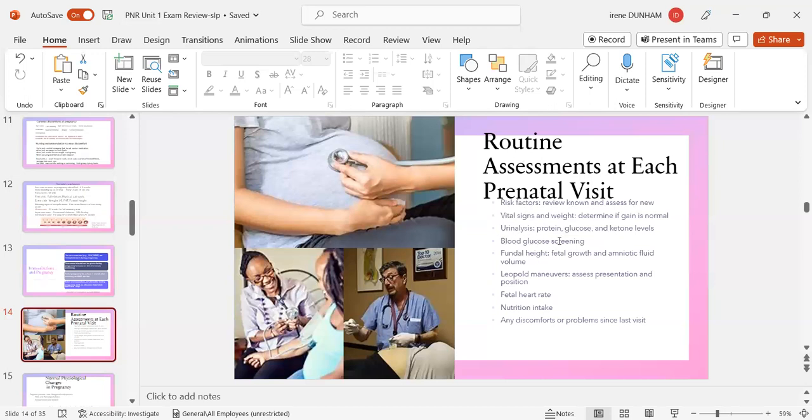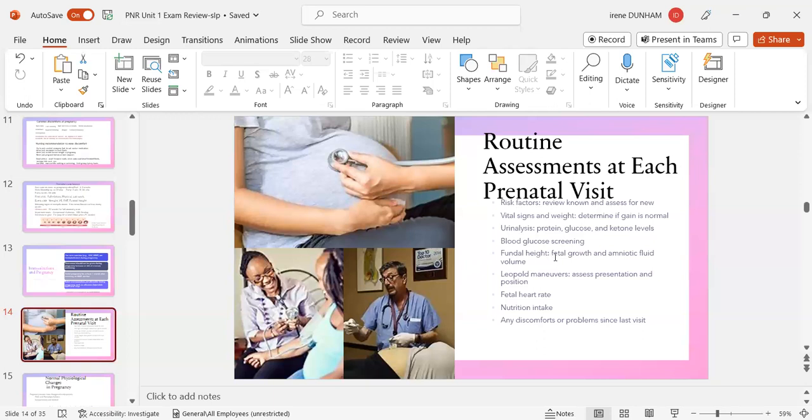This blood glucose screening is not done at each prenatal visit unless she is like a type 1 diabetic, but it shouldn't be at each one, okay? And then fundal height, yes, fetal growth. And not only fetal growth, I meant to tell you also about amniotic fluid volume.